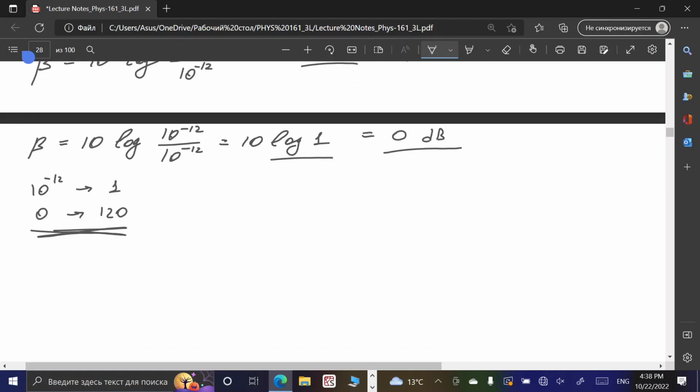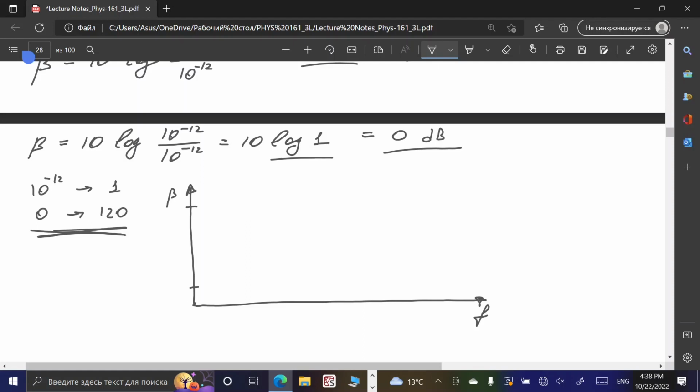Another thing we need to discuss, as I mentioned previously, is this 1000 hertz. So let us plot sound level versus frequency. We will have a log scale here.